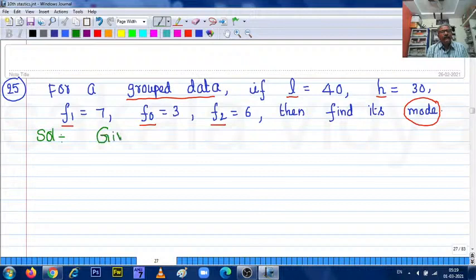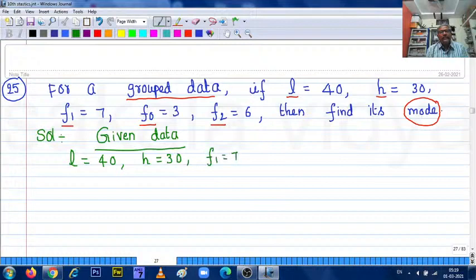Here solution. So given data, L equals 40, H equals 30, F1 equals 7, F0 is equal to 3, F2 is equal to 6.